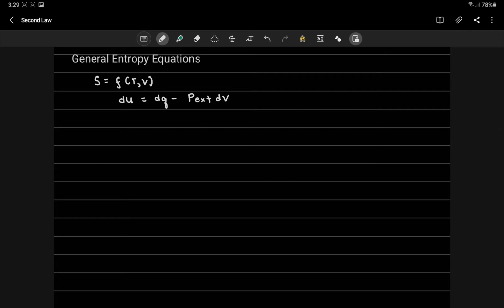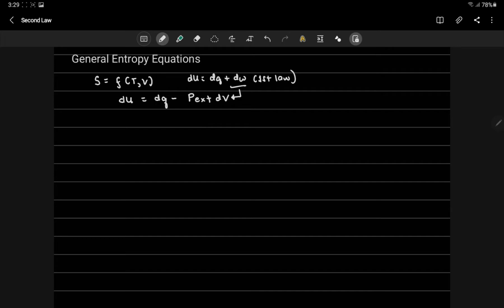It comes from the fact that dU is equal to dq plus dw. Basically, this is our first law expression. But we have to remember that dw is this, minus p external dV.